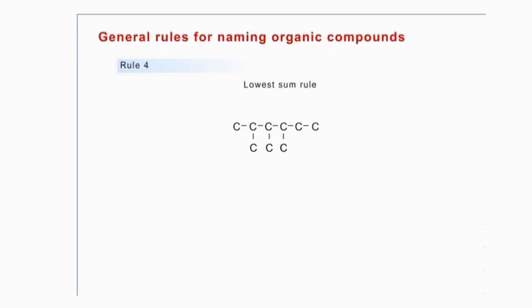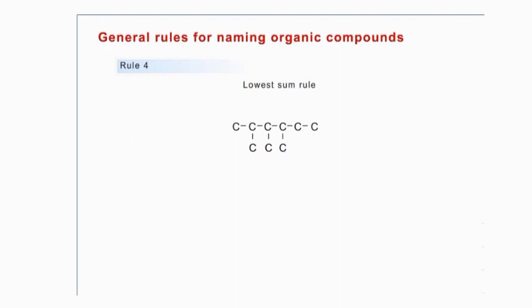Next is, if there is more than one substituent on the longest possible carbon chain, how do you number it? From which side will you number the carbon atoms present in the longest possible chain?